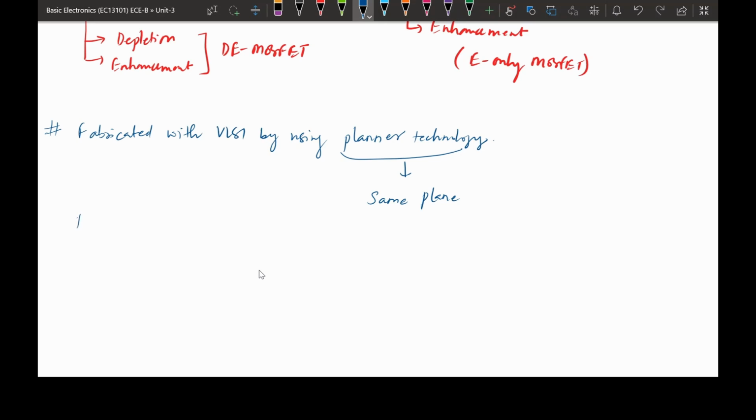Here it is MOSFET. These three letters indicate MOS, that is metal, oxide, and semiconductor. So there will be three different layers: one will be metal, another will be oxide, and one layer will be the semiconductor.